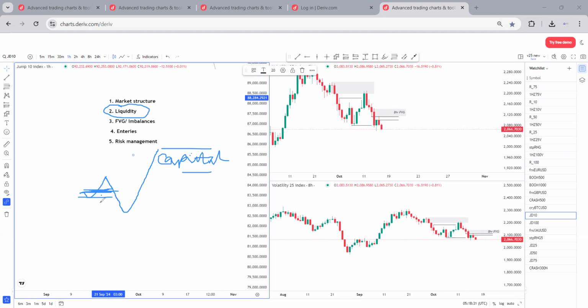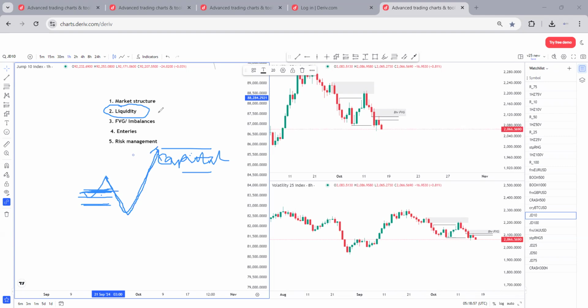Your stop loss will be placed somewhere here and your entry here. It was a clear buy, but because you didn't do your liquidity assessment, price took you out, and afterwards it moved in your predicted direction.